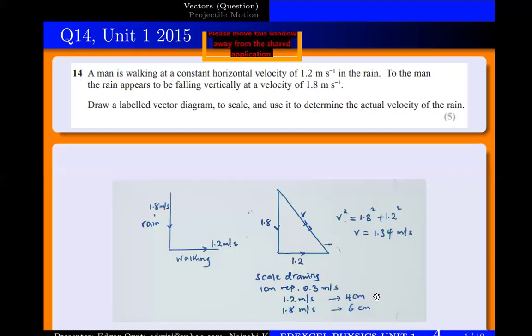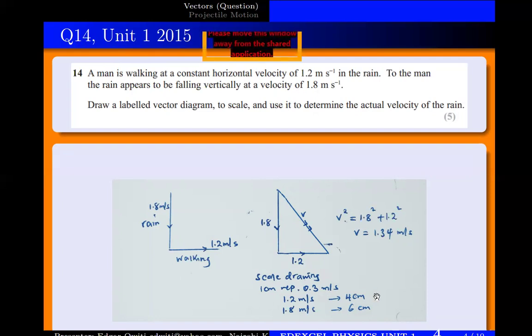The second question here also deals with vectors. We're told a man is walking at a constant horizontal velocity of 1.2 meters per second in the rain. To the man, the rain appears to be falling vertically at a velocity of 1.8 meters per second.